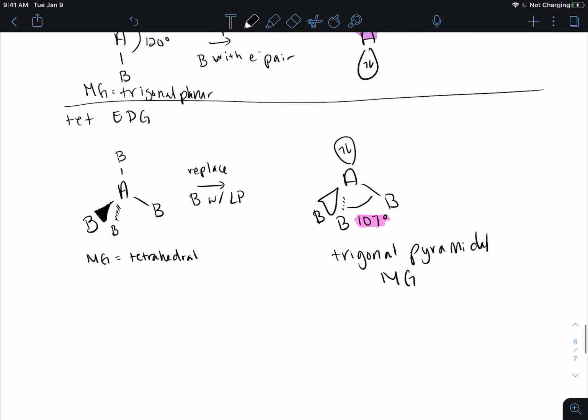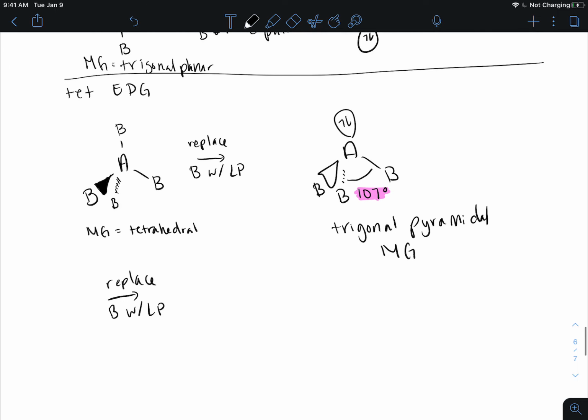And then we're going to replace another B with a lone pair. I'm going to draw this a little bit differently. Draw it like this. And what we get here, now we have two non-bonding electron pairs pushing down. So we get a bond angle of 104.5, even decreased from here.